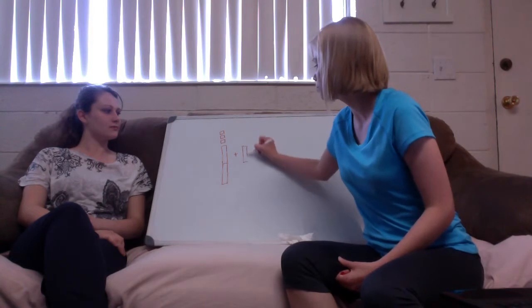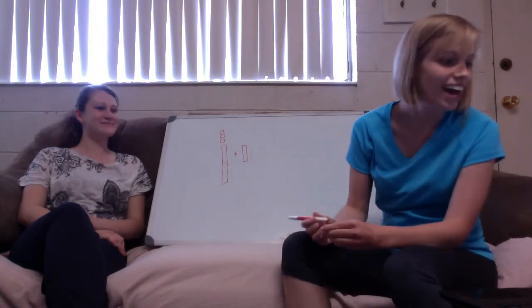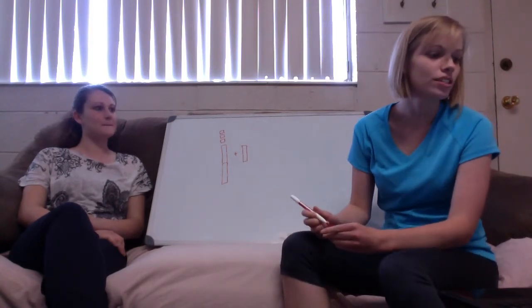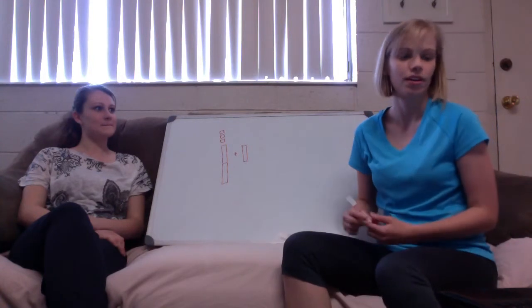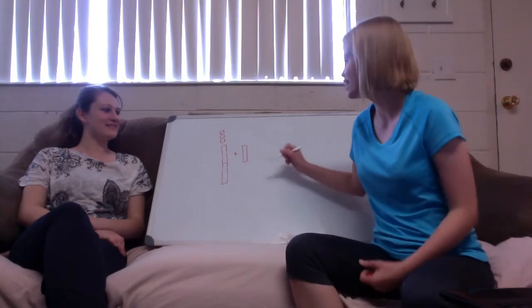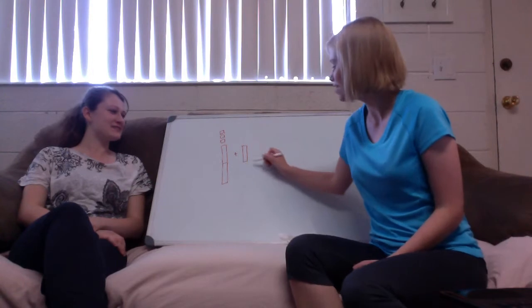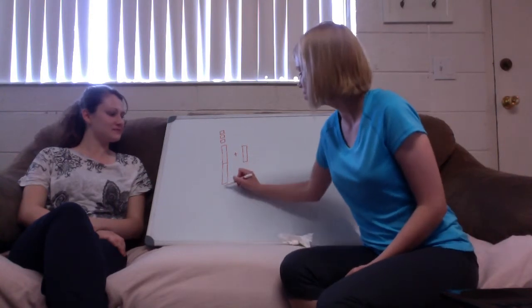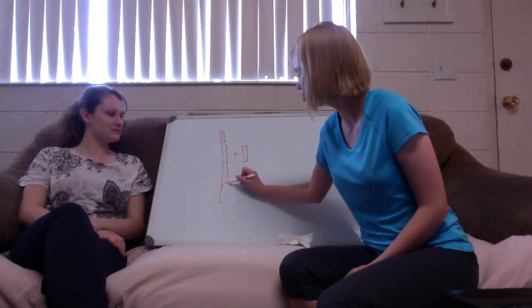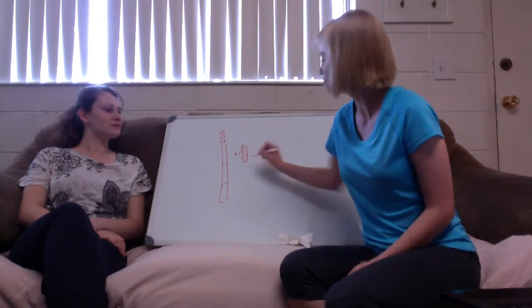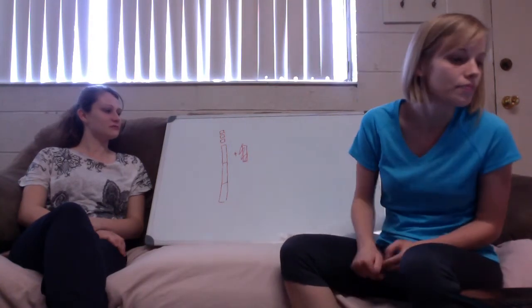I give you your own blocks to hold. And what do we do first? We add the blocks together. So we'd add this 10 to the 23. So we added the blocks together.